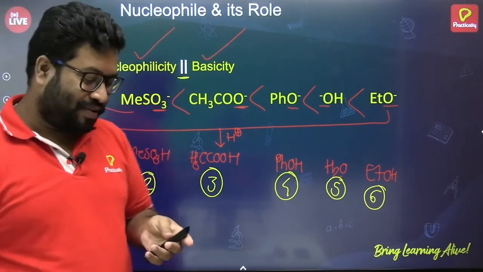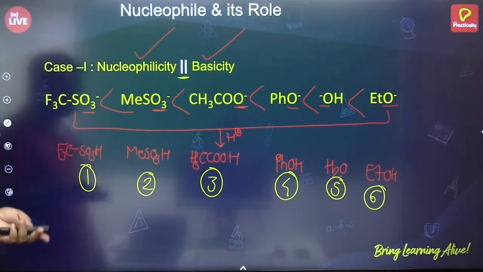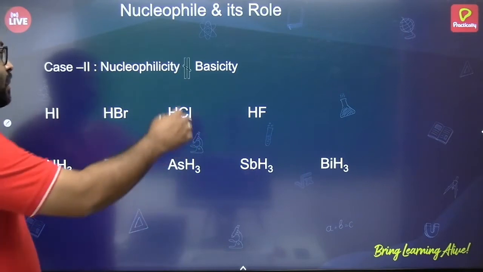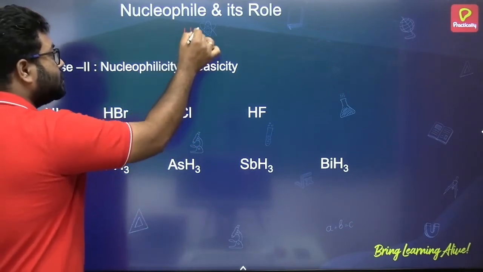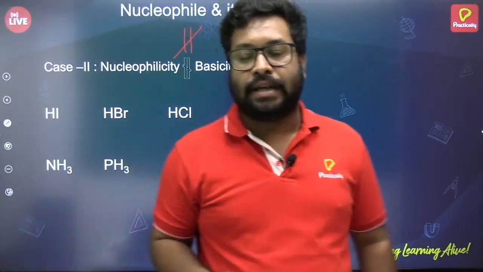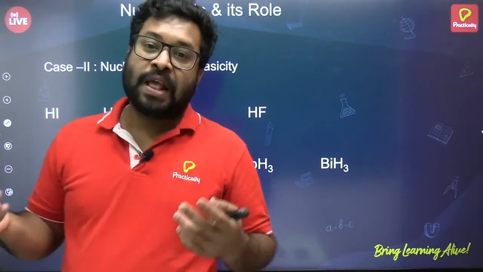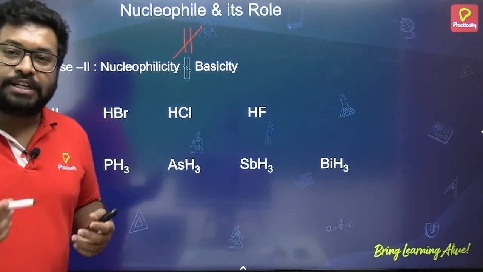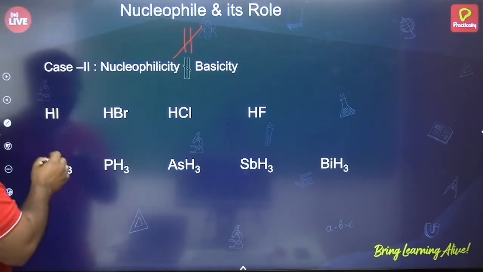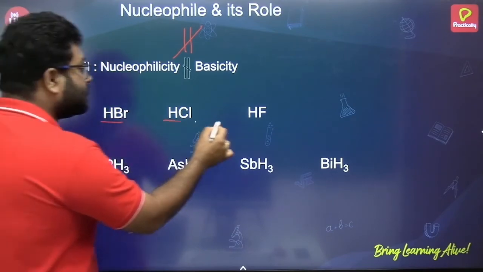Okay, let's see some other cases. See here what I have written. Nucleophilicity is anti-parallel to basicity when the given species are present in the same group. You can see here HI, HBr, HCl, HF.